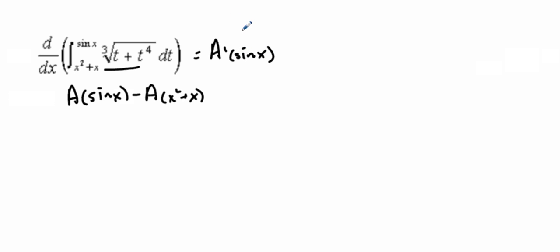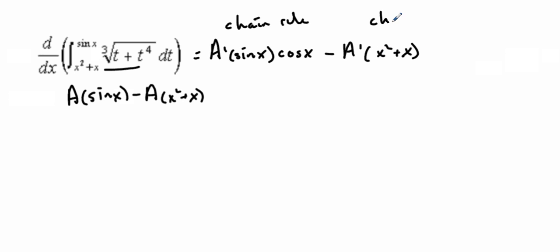Make sure we use chain rule, which is going to be cosine of x, derivative of sine is cosine, minus now A prime of x squared plus x. Chain rule. When we take the derivative of this, we have to multiply by 2x plus 1. Make sure you put parentheses around that.